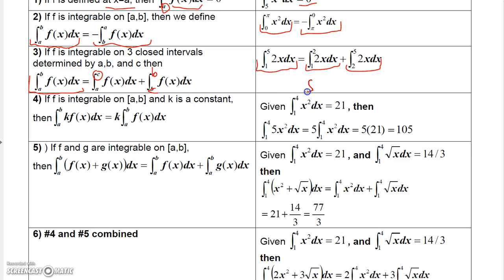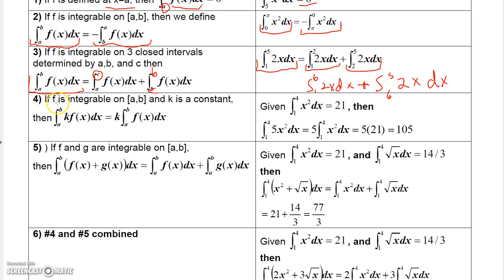I could write that as the integral from 1 to 6 of 2x dx, plus the integral from 6 to 5 of 2x dx. So it's true for any number as long as the function can be integrated over those intervals.